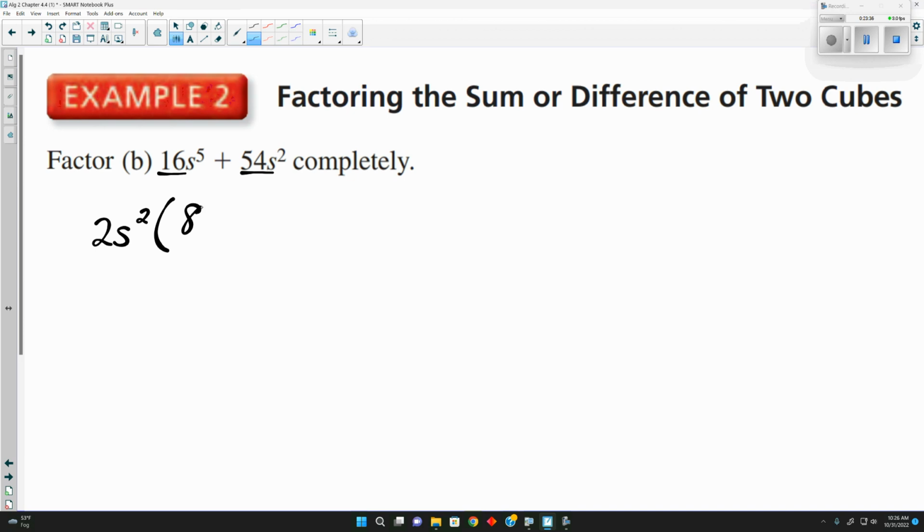S to the 5th divided by s squared is s to the 3rd. So some of these, we do have a greatest common factor we have to pull out. Now 54 divided by 2 is 27. And if we factor out the s squared, we're just left with 27.